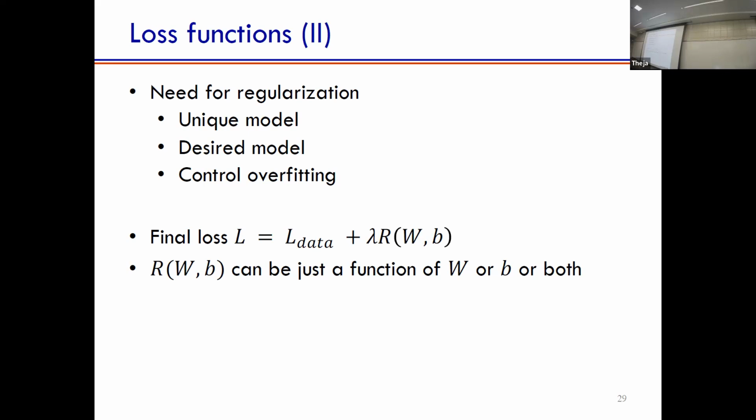Or you could also say we want to control overfitting, and overfitting just means that we are able to fit really well on the training data, which is the data that we use to define the loss. Here, we get a really good L data value, really good in the sense of a really small value. But it turns out when we actually give it to the end user, they see very bad results, in the sense that a cat is being classified as a chair, or a chair is being classified as a dog, or something like that, right? So that is something that we want to control. So maybe we want to impose regularization.